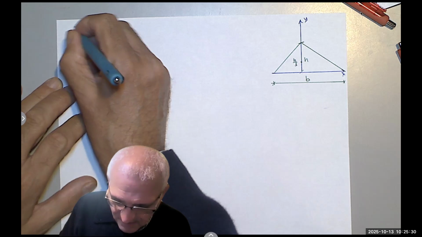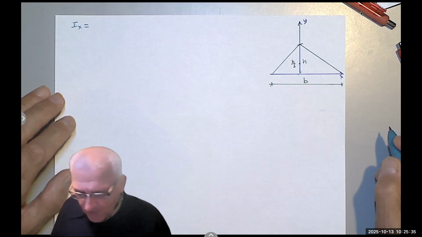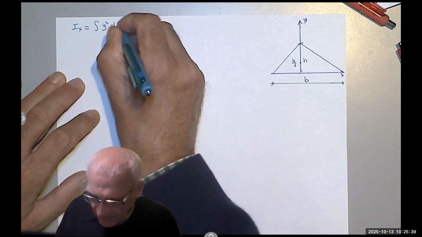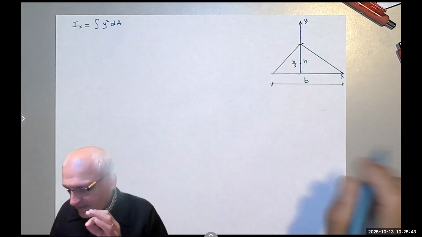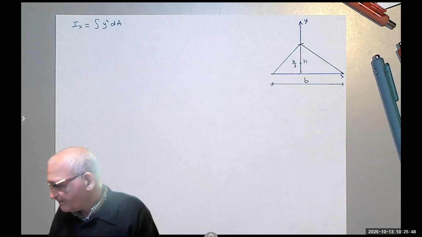So I sub x equals the integral of y squared dA. But how do I find a strip and find the area of that strip or element?